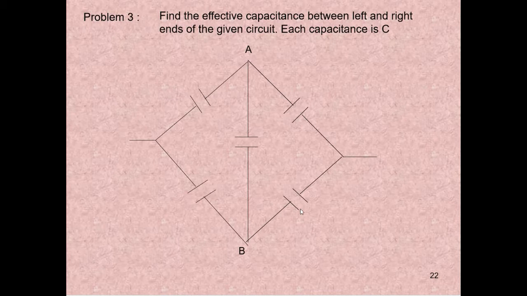Values are also the same capacitance values, and the appearance of the circuit also contributes to the symmetry. Simply, if everything is C, you can't say symmetric. The layout also should have a symmetry contribution. Here you can see C, C, left, right, C, left, right, C. So the circuit is highly symmetric.